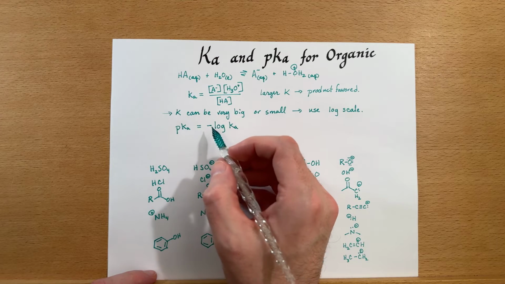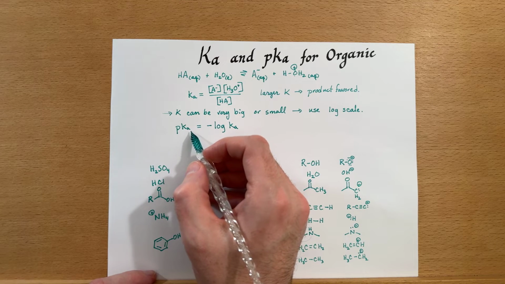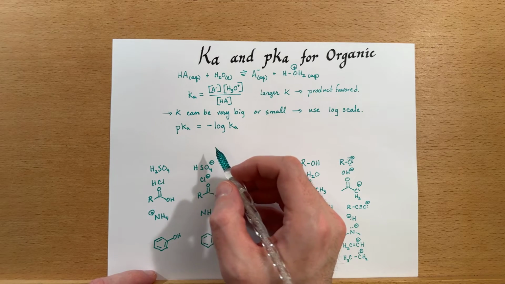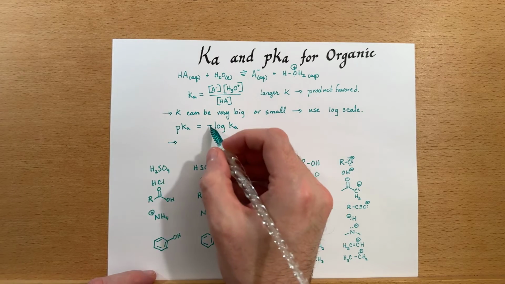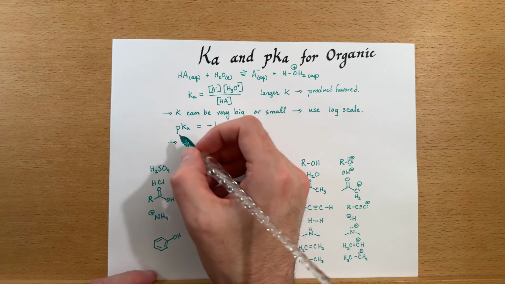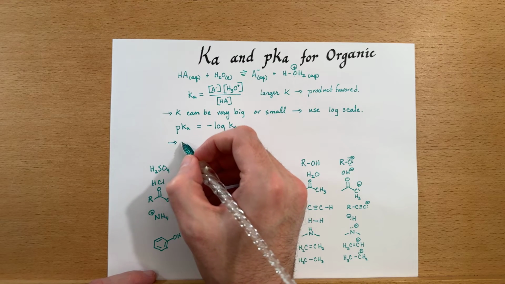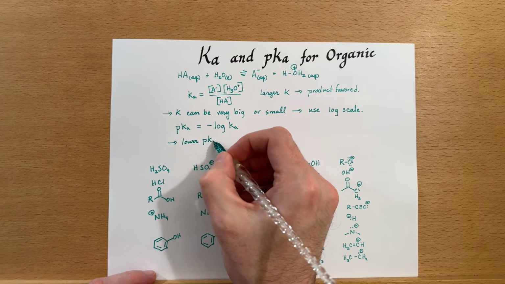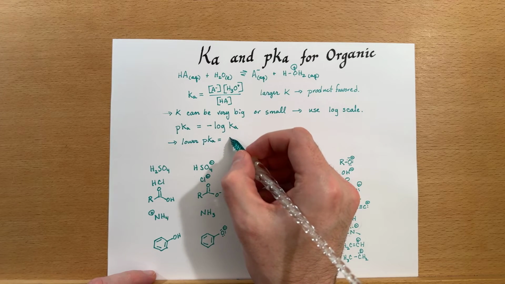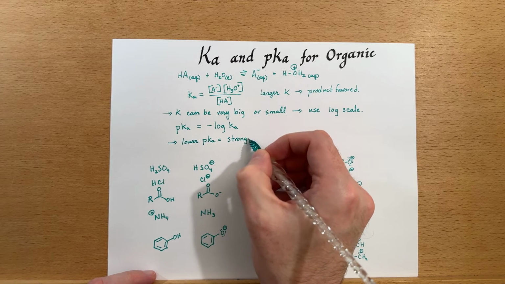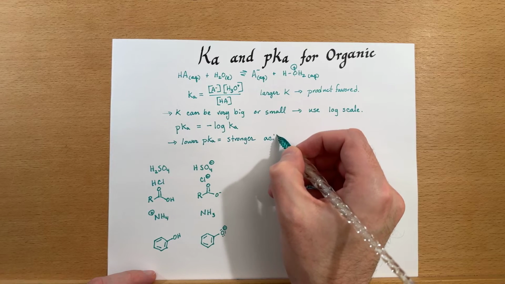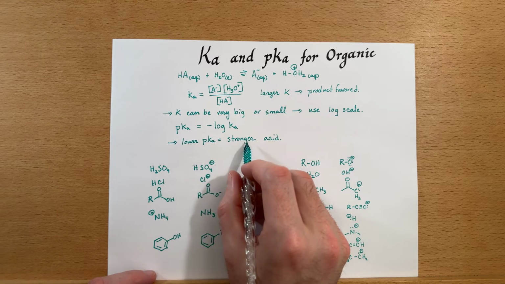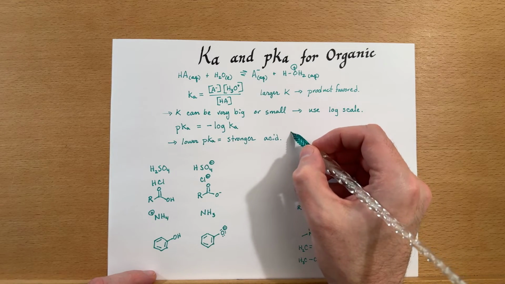And so if the pKa is small, that means that the acid is very strong, since we put a negative sign in there. I wasn't in charge of that decision. So a lower pKa equals a stronger acid.